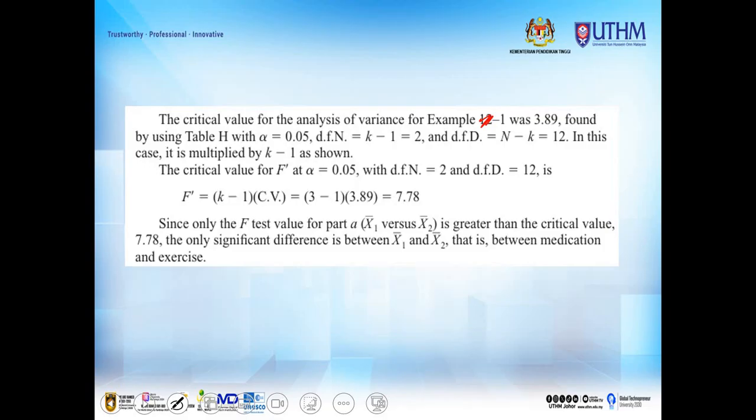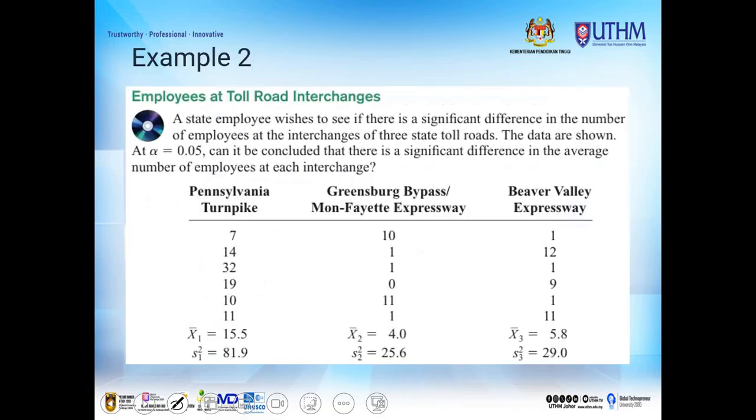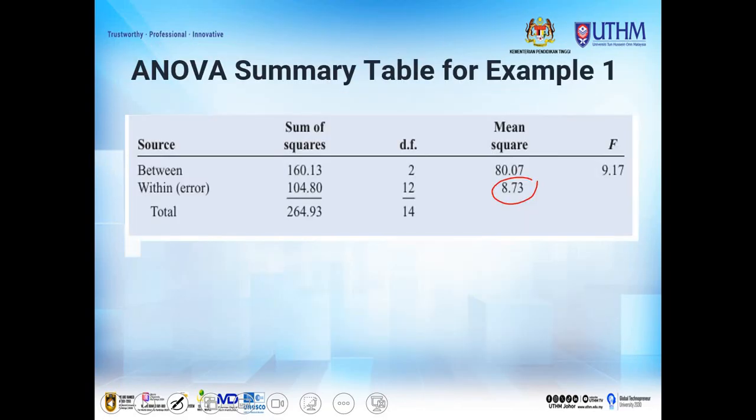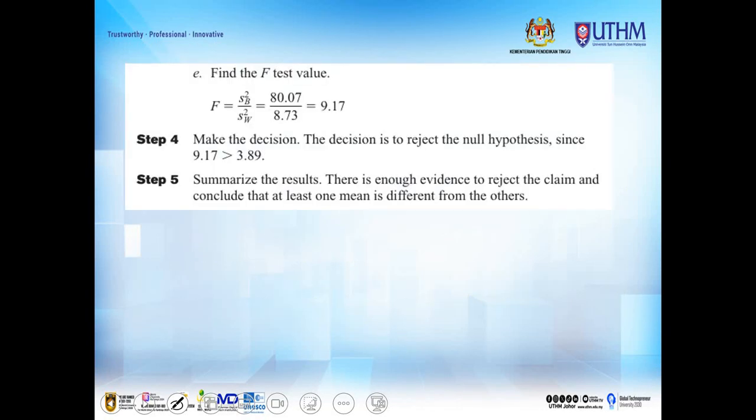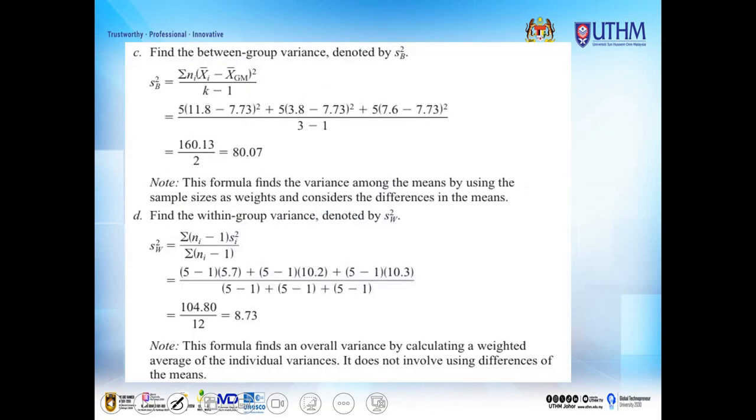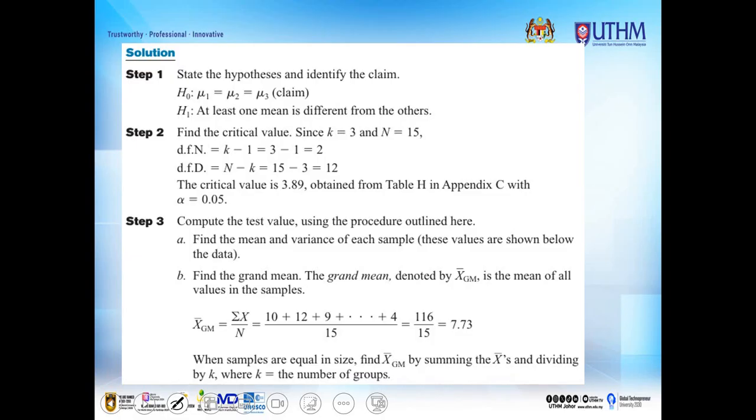Just now when we calculated, from the table for example number 1, we got 3.89. The other one is the test value from manual calculation, but based on the table, how much did we get? 3.89. The critical value comes from the table.